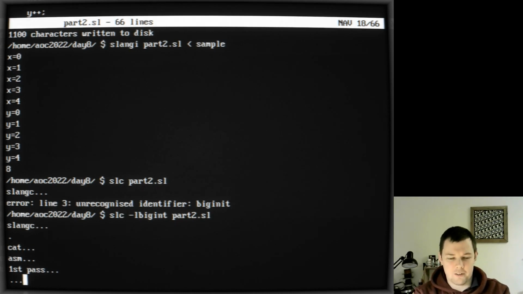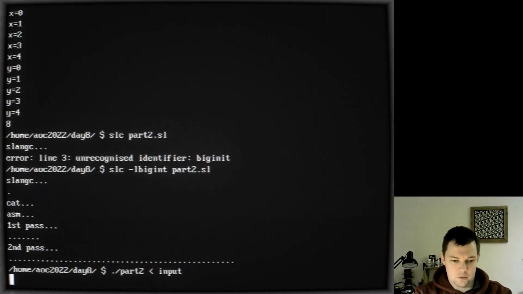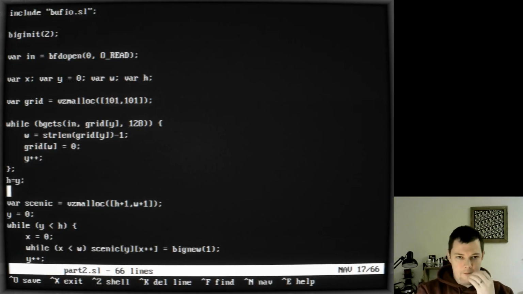Other than initializing the answer, that'd be annoying, wouldn't it? Where it goes answer equals big new 0. If that was the point where it runs out of memory. Yeah, okay. So we don't have enough memory.